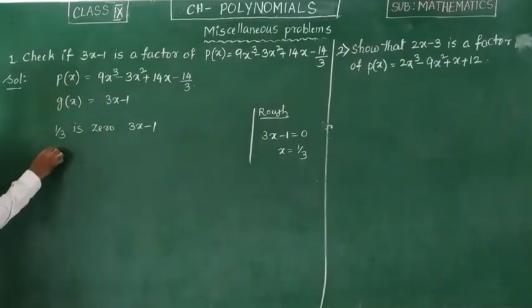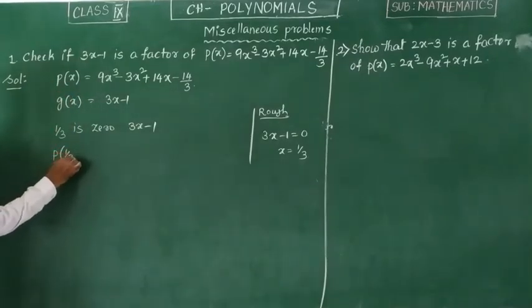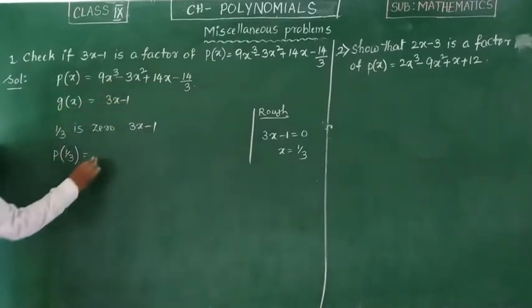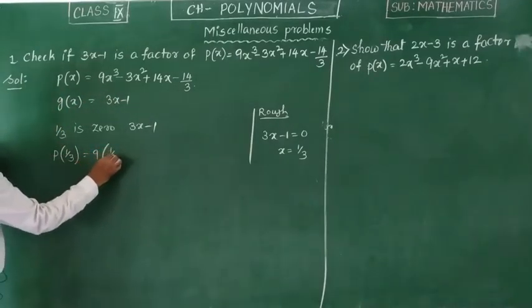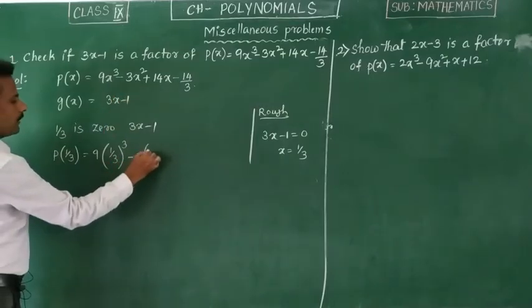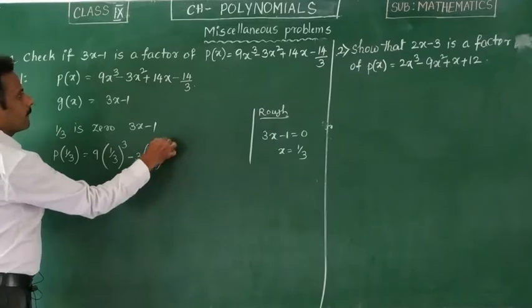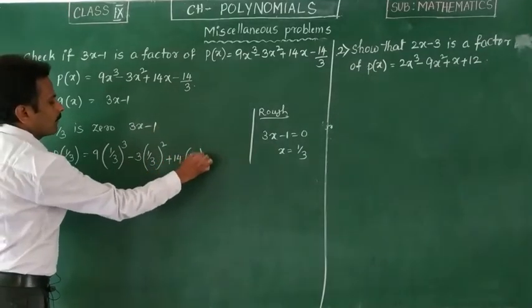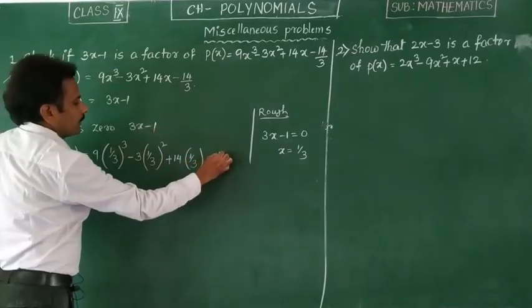So now let us see p of 1 by 3. Wherever x is there, there we need to substitute 1 by 3. 9 multiplied by 1 by 3 whole cube minus 3 multiplied by 1 by 3 whole square plus 14 into 1 by 3 minus 14 by 3.